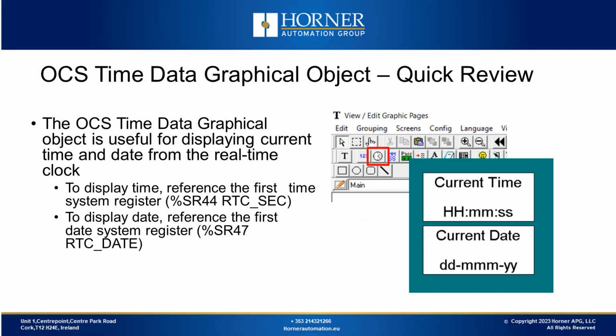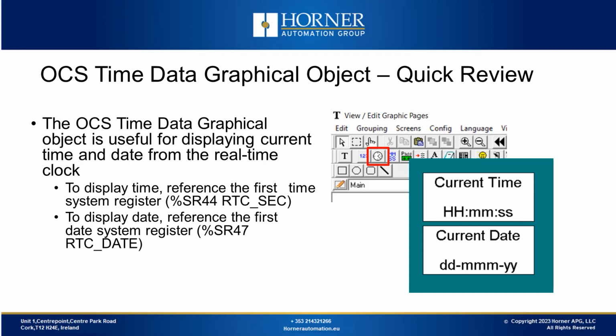Now we'll look at another useful feature in the OCS for project development, the time and date graphical object. In the graphic editor, you'll find the icon for the time and date graphical object, highlighted among the list of icons at the top of the screen.